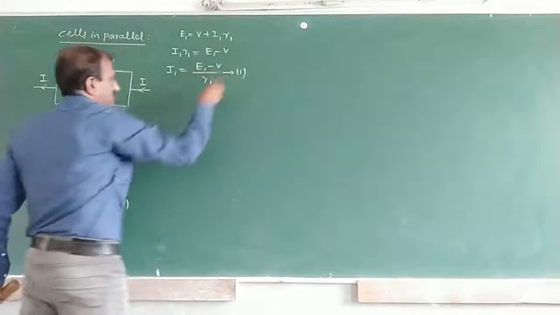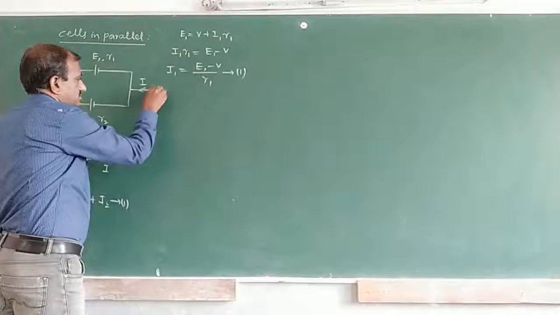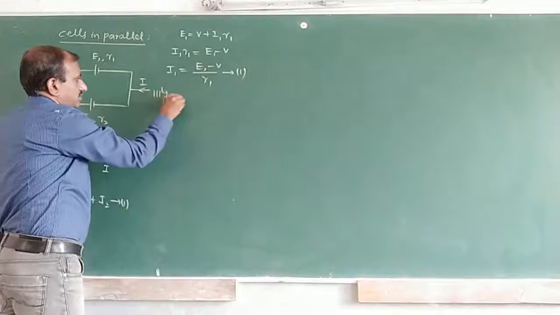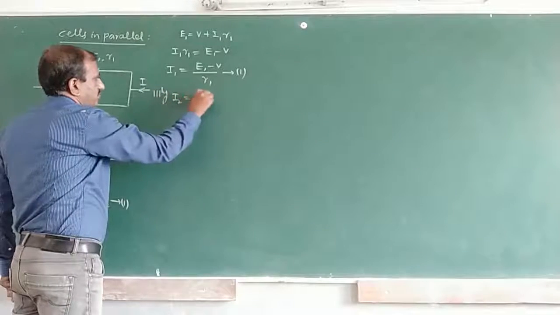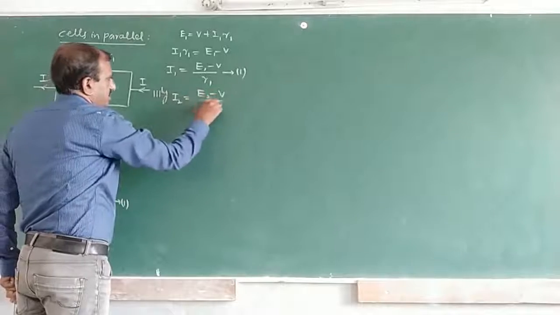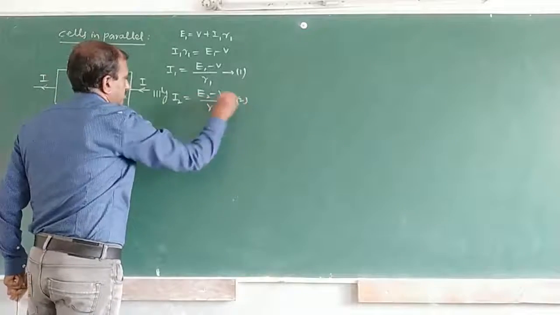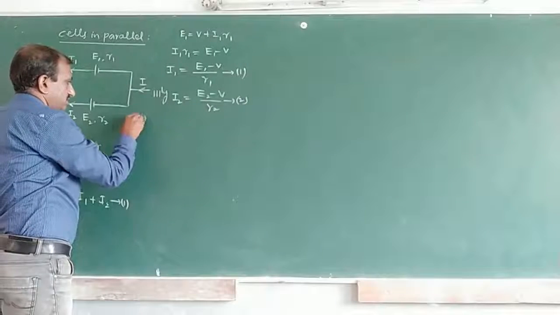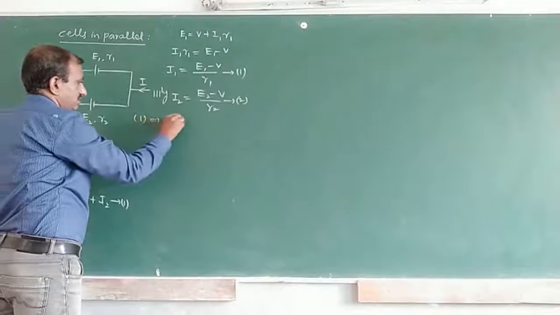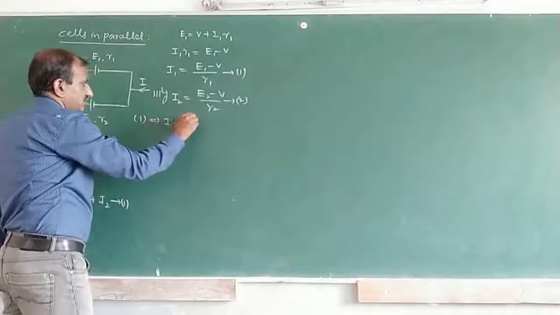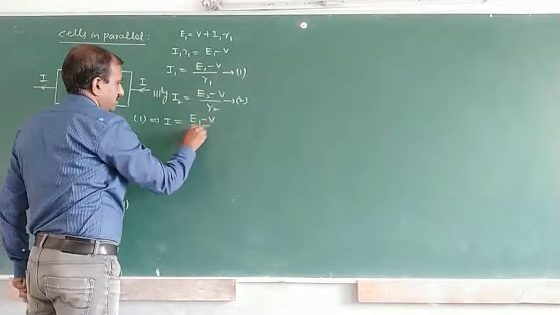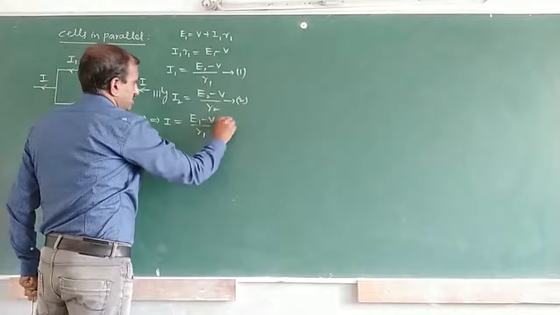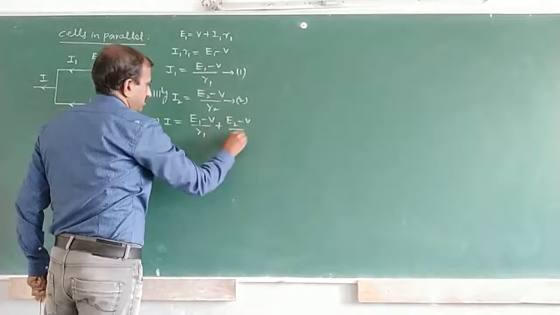Call this equation number 1. Similarly, I2 is equal to E2 minus V divided by R2. Equation number 2. Now add these two: I is equal to E1 minus V divided by R1 plus E2 minus V divided by R2.